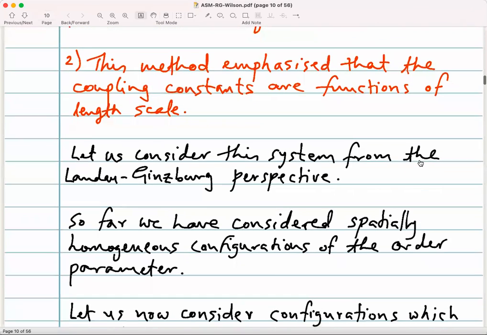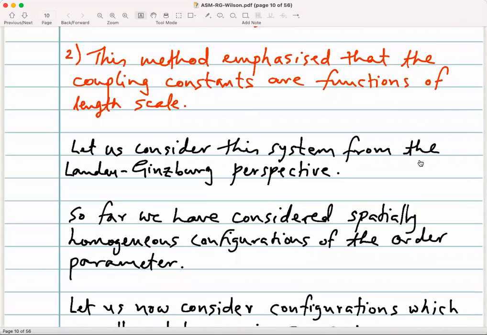The other important effect that the original block spin system or transformation told us was that the coupling constants, which are something fixed numbers initially.